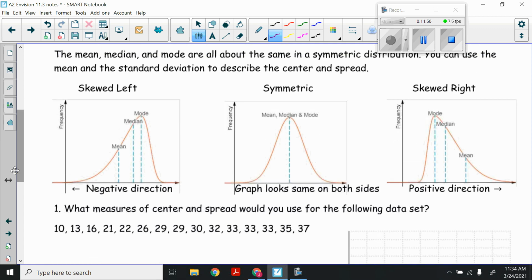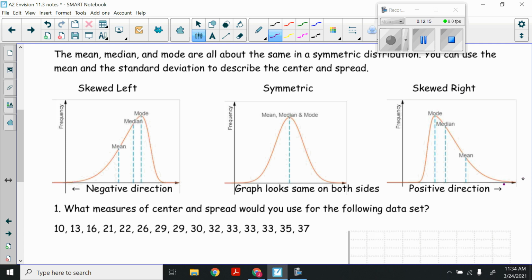So skewed left in the negative direction, okay? So my bigger values are all here to the left, right? My curve goes to the right. Symmetric here in the middle, it looks the same. Skewed to the right means I'm going in the positive direction, so my bigger values are going to be out here on the positive side, but my mode, my median, and all of that is more to the left.